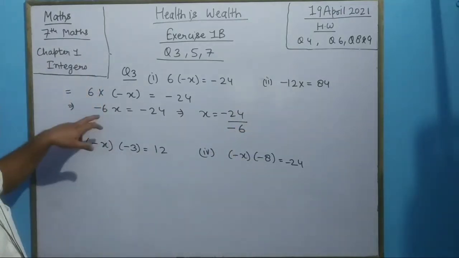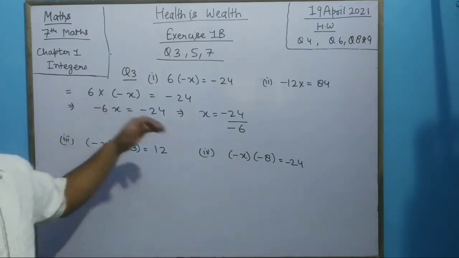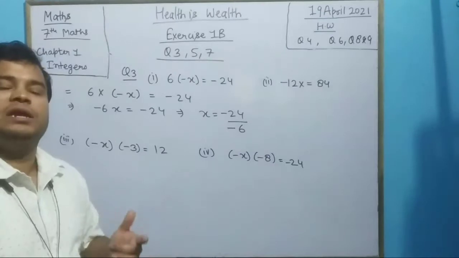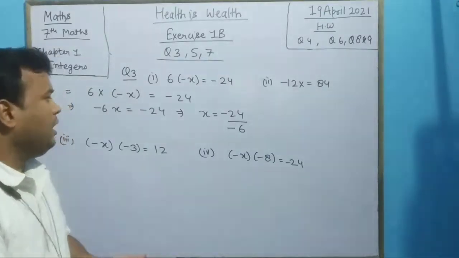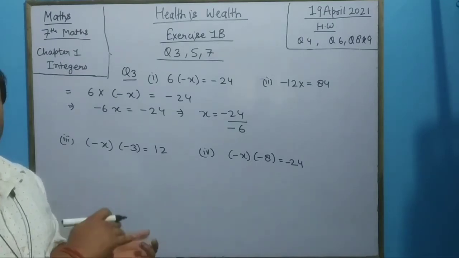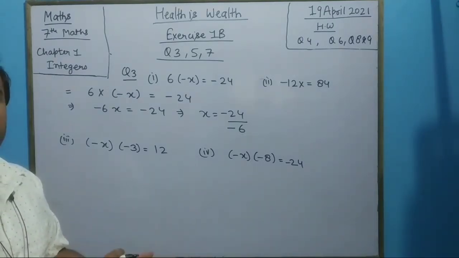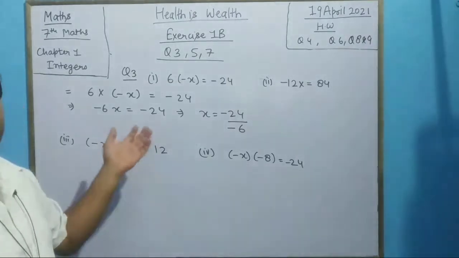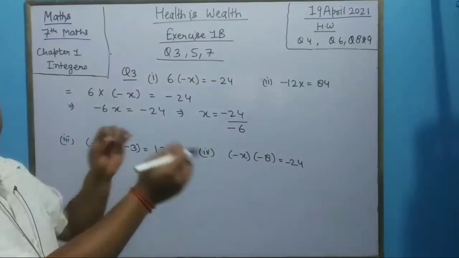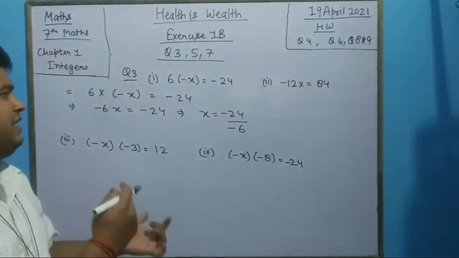Minus 6 is multiplication, but when it is shifted to the other side, it becomes division. Multiplication becomes division, division becomes multiplication, addition becomes subtraction, and subtraction becomes addition when it is shifted from one side to the other, whether from right hand side to left or left hand side to right hand side.